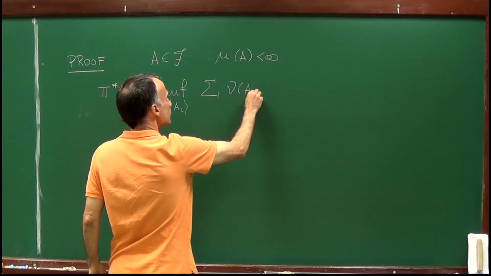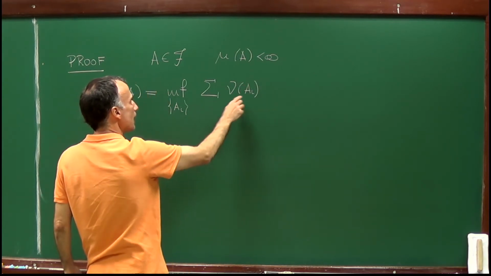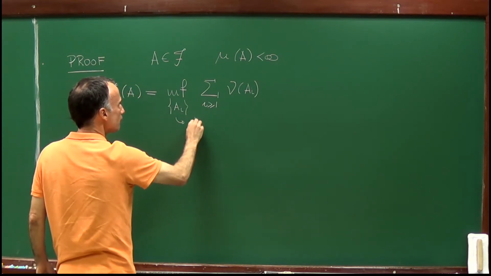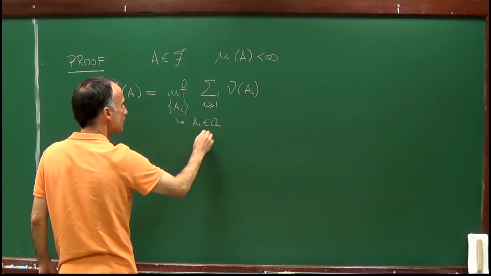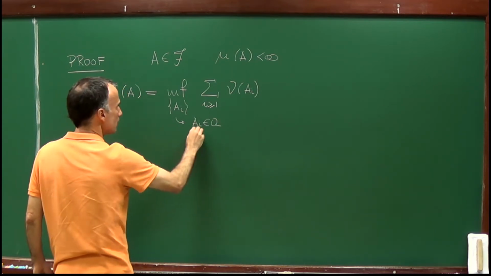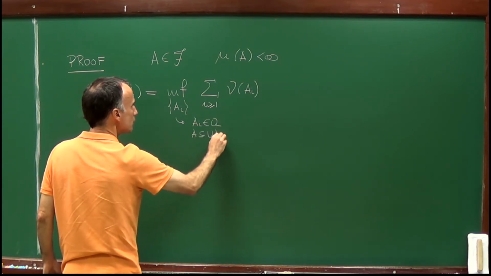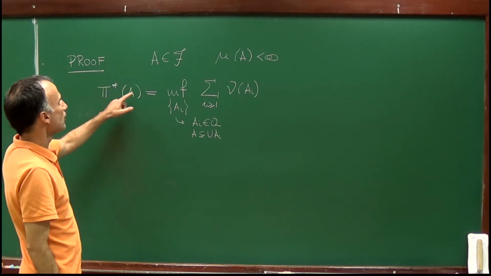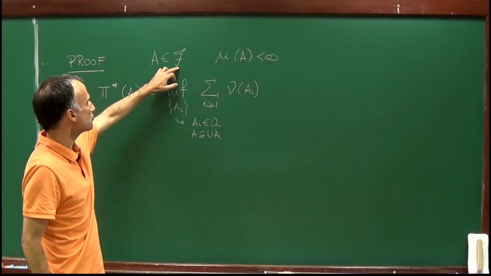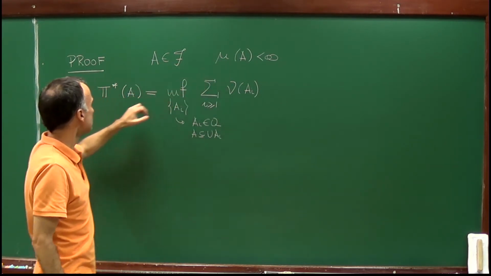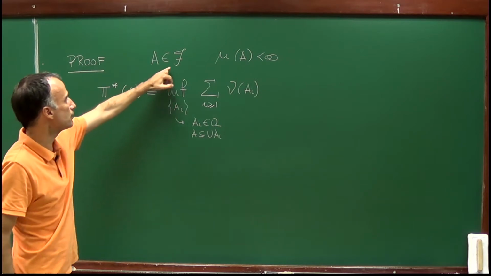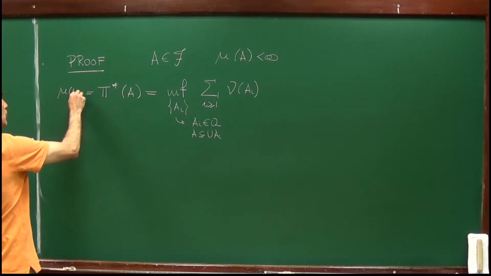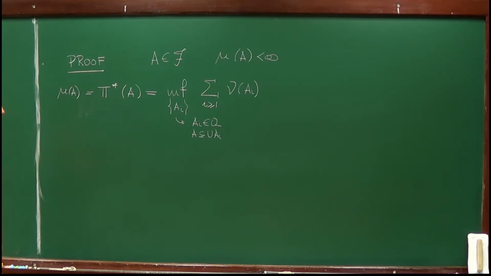So we have here the sum of nu of A_i, where the infimum is taken over elements A_i in the algebra such that A is contained in the union of A_i. And since mu, the measure defined on the sigma algebra, is given by the outer measure restricted to F, this is mu of A, which is finite by assumption.